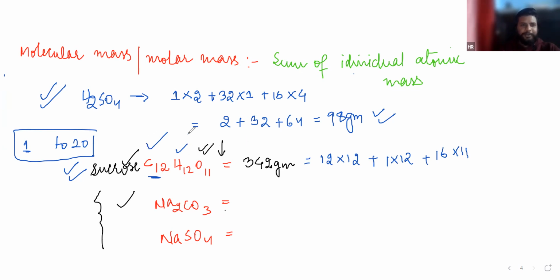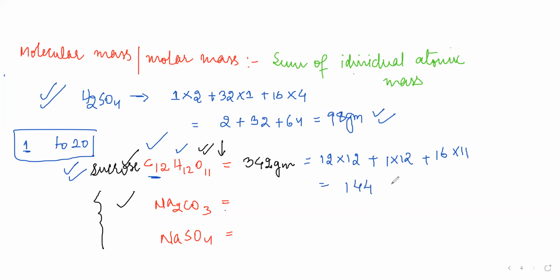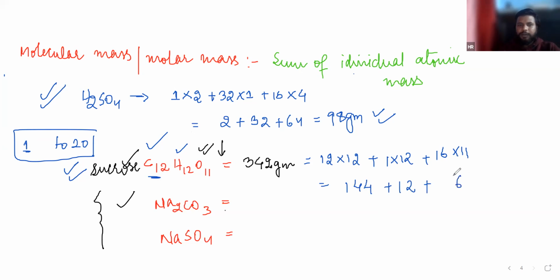So according to this you will have 332 gram. This is 144 plus 22 plus 176, that is 332.